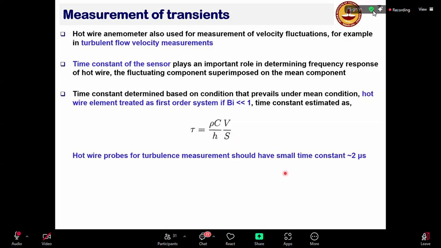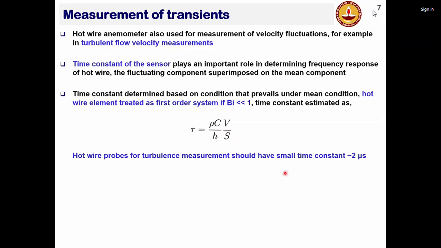But if you have studied the basics of turbulence, the turbulent velocities are decomposed into a mean component and a fluctuating component. Even if at a particular point in the flow field the velocity is fluctuating, it is decomposed into a mean component, that means something that is steady, plus a fluctuating component.